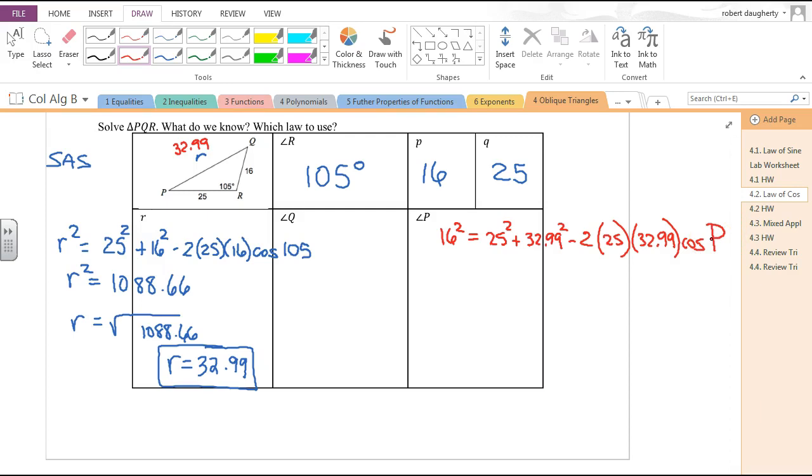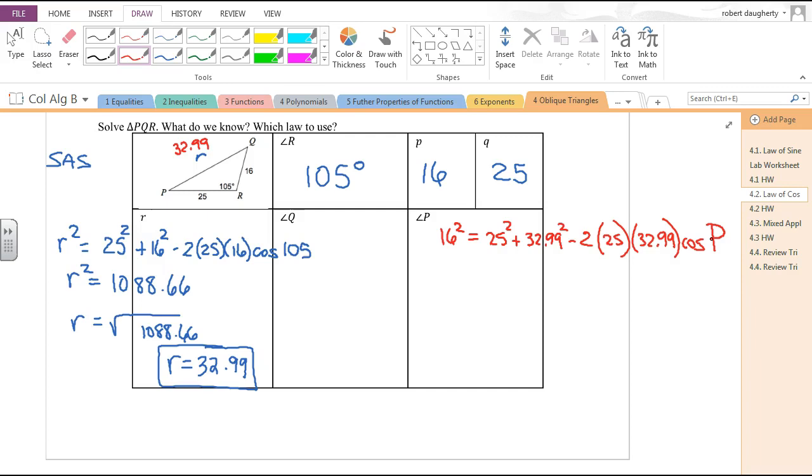Now, what's the only thing I don't know here? P. That's what I'm solving for. I'm solving for the angle here instead of the side. How am I going to solve for that angle? You could do that, but on the test, I'm going to want to see you do the work to get through this. So all I want to do is to get that by itself.